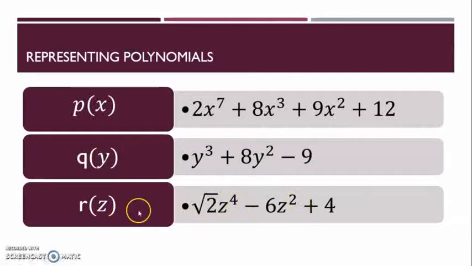This is a polynomial of the variable z. Usually we use p, q, r to represent polynomials, and we represent them as p bracket whatever the variable is being used there, that variable is put inside the brackets, and we read it as p of x, q of y, r of z.